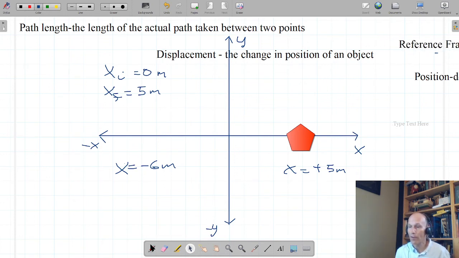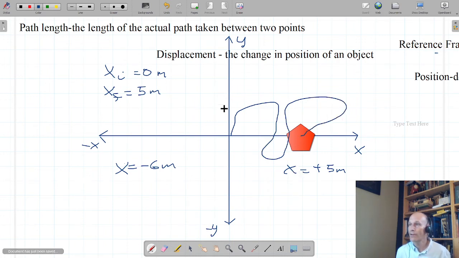That path length would be that actual path, and I don't know what I did, but I'll just draw a squiggly line, something like this, to end up here. Ended up there. That total distance would be the path length. That could be important. We might need that for something. Also, it's really important to know where it ended up and the change that it underwent. That is called the displacement.